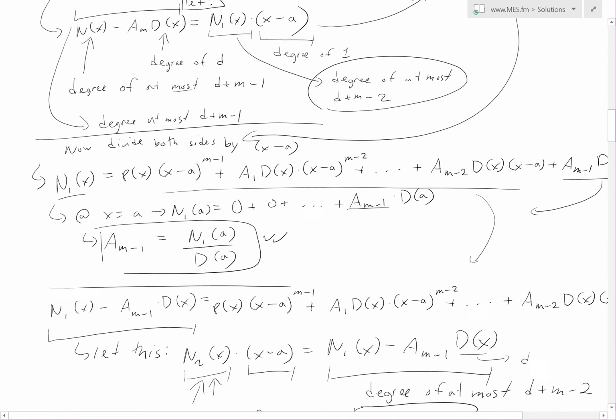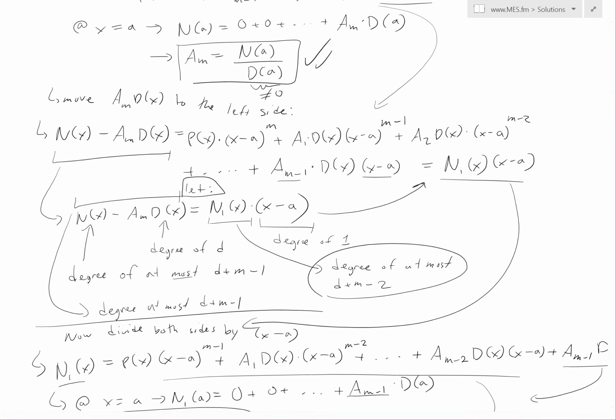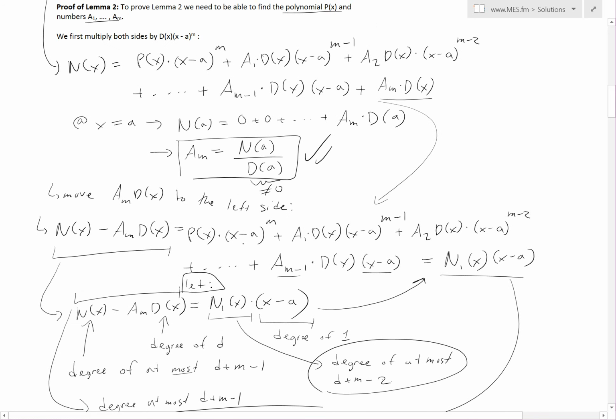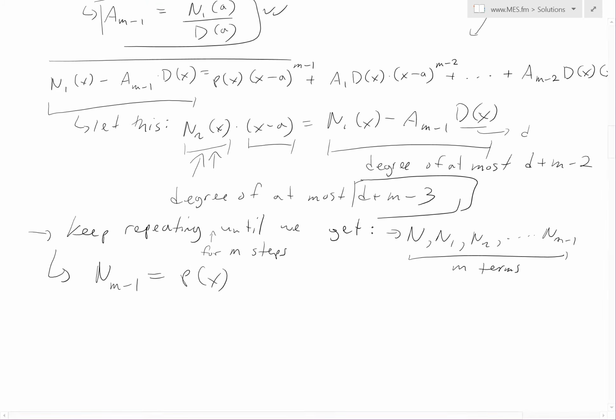And now we have this. Let's start from the very top. So we got this x minus a to the power of m right here, but we're dividing it by, well, this is m minus 1 times.